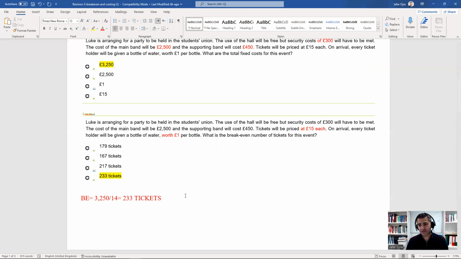That means Luke needs to sell 233 tickets in order to break even. This means to cover all the costs. Anything above the 233 tickets, Luke will start making profit.